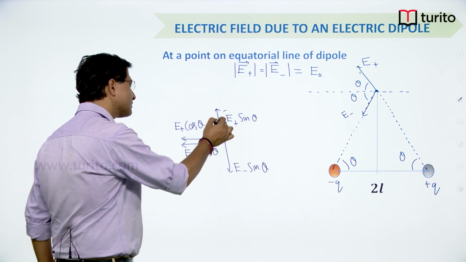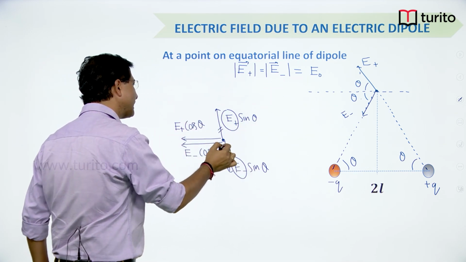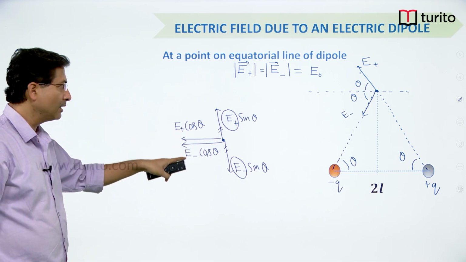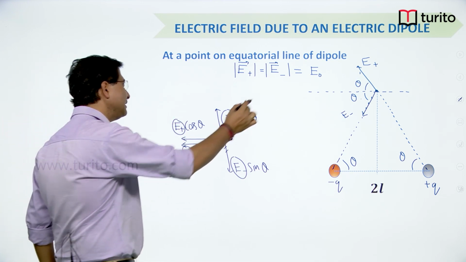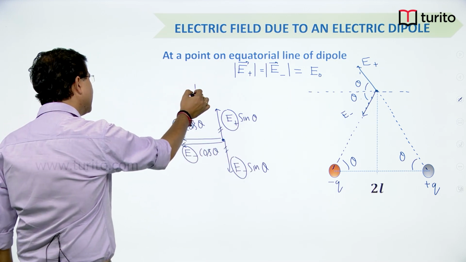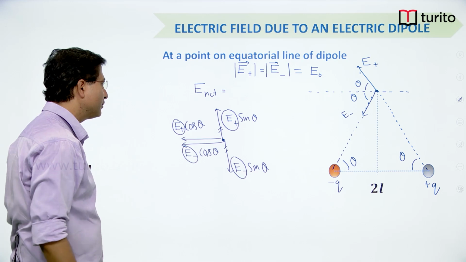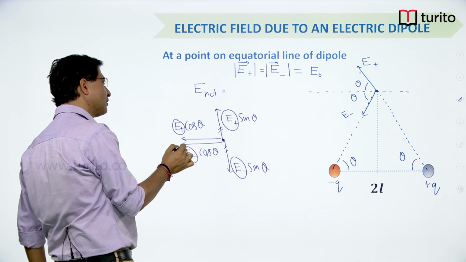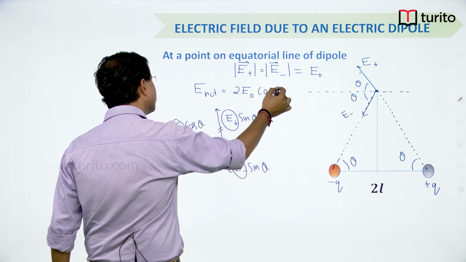As E plus and E minus have the same magnitude, these two will cancel each other. That means I need to add these two. As I am writing E plus and E minus both as E naught, the net field coming at that particular point will be E plus cos theta plus E minus cos theta, and that I am writing E naught. So this will become 2 E naught cos theta.